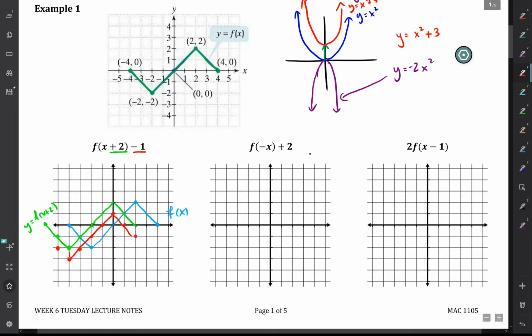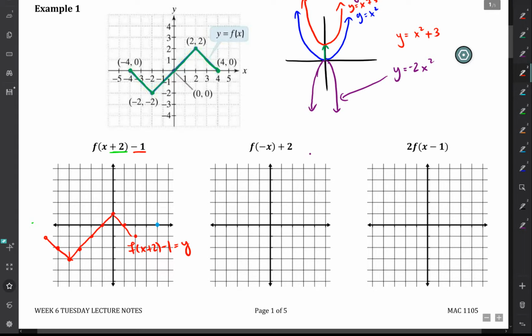And so this red graph is the graph of f of x plus 2 minus 1. Now that I've drawn that, I can delete the green graph and the blue graph. So the new graph is y equals f of x plus 2 minus 1.